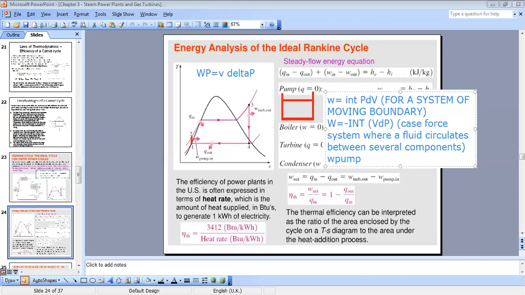Okay, we will see why. Because our convention is if work is given to the system, it is negative. If it's produced by the system, it is positive. Okay, so here for the pump, you have that the work is, for this example, minus integral V dP.